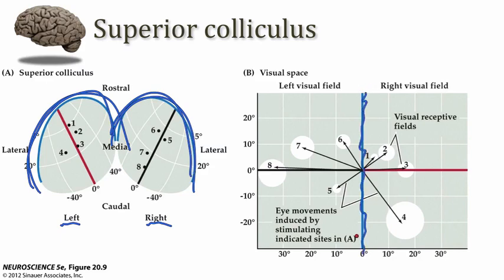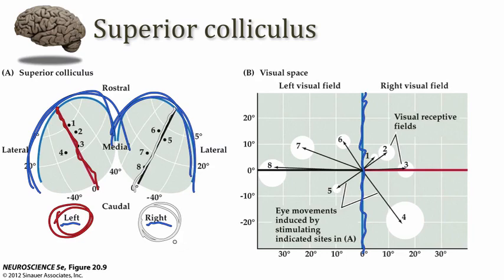And in red and black, we have the horizontal meridian extending away from the midline into the right visual field. That is represented here in the left superior colliculus. And then in black, what we have is the horizontal meridian that extends off to the left. And so that horizontal meridian on the left side of the visual midline is represented in the right superior colliculus.